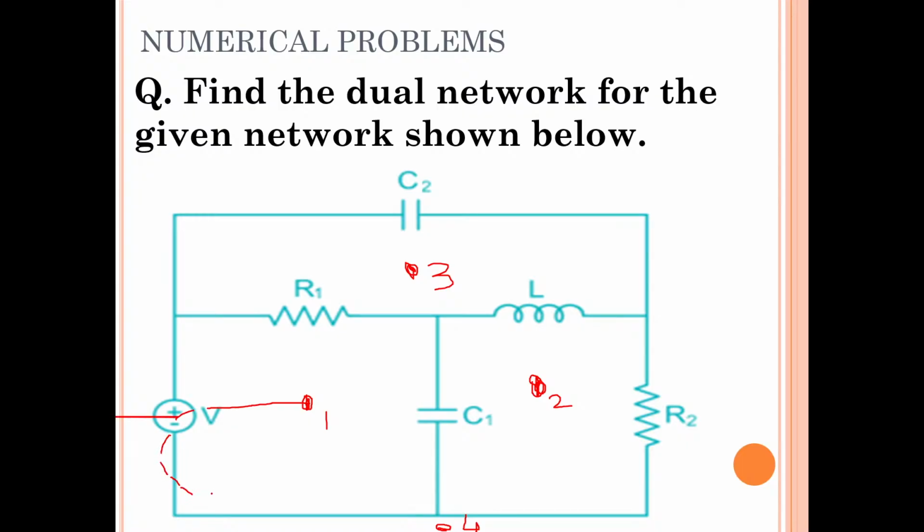Draw a dotted line and draw a current source. I'm unable to draw because my cursor won't allow me. Join it to the reference node. So this is V, so this should be I.